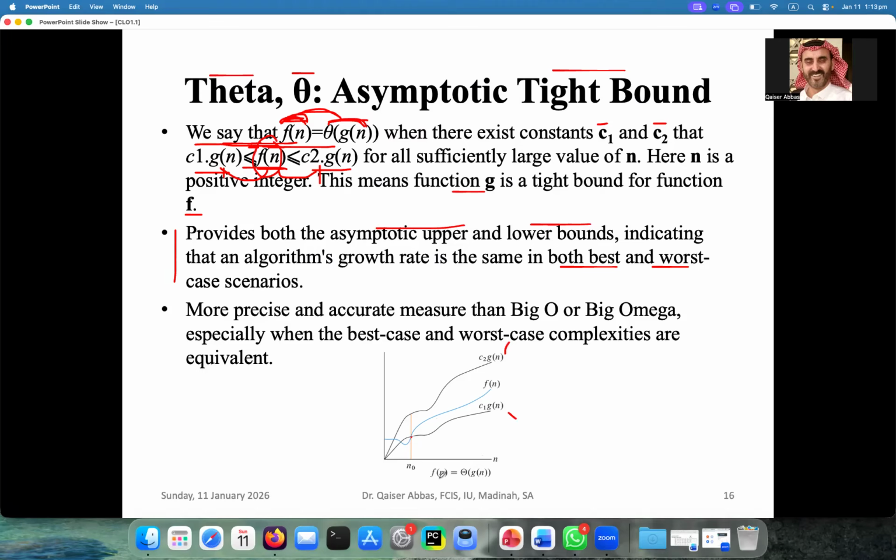And then how can you write it? You can write it with this theta notation, also mentioned here. Theta n square or theta n cube, whatever is inside the parentheses, would be called your time complexity for this case.